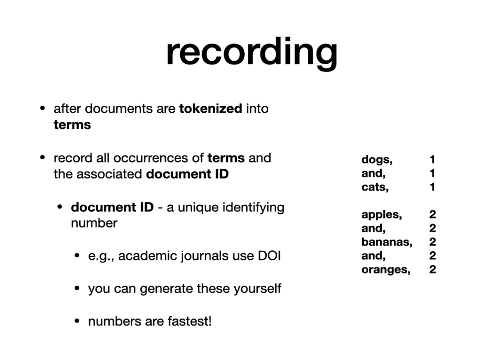So how do we do that? Well, we have to get the documents tokenized into terms. That's the precondition. Then we record all the occurrences. What is that? You need some kind of small structure, so a very short list or a 2-length array, to hold the term and the ID.